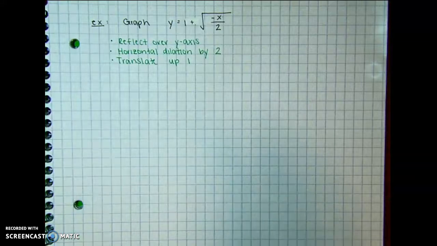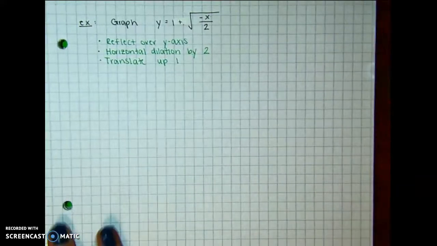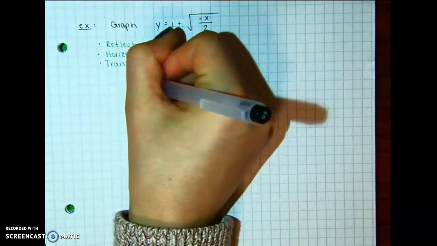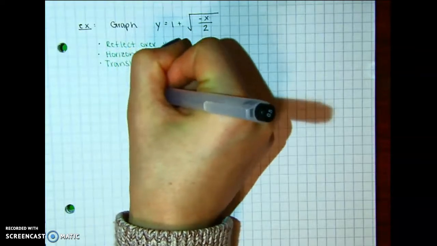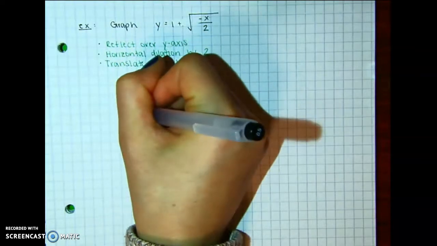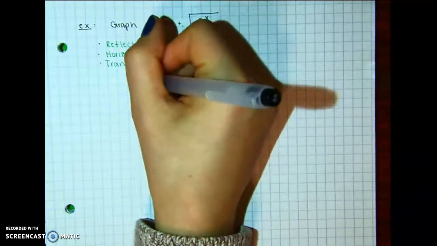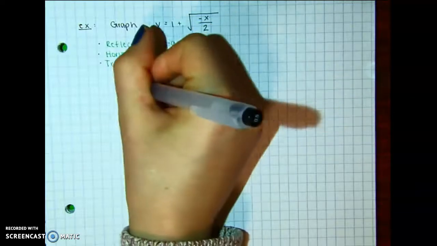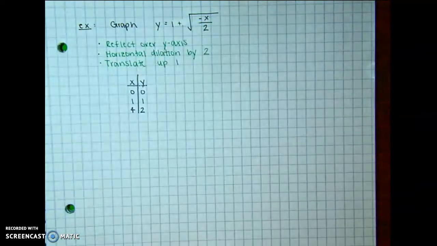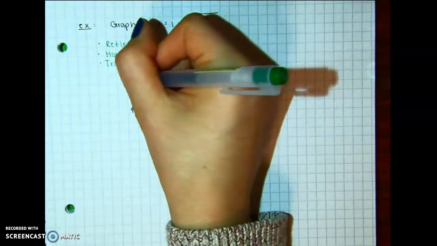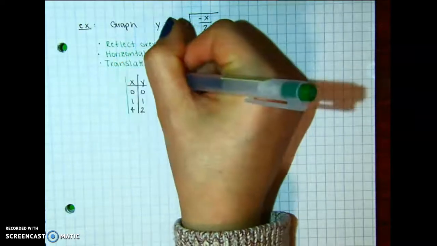Okay. Next requirement is a table, so I'm going to first recall the parent function. So 0, 0, 1, 1, 4, 2. And then I'm going to apply the transformations to these numbers.